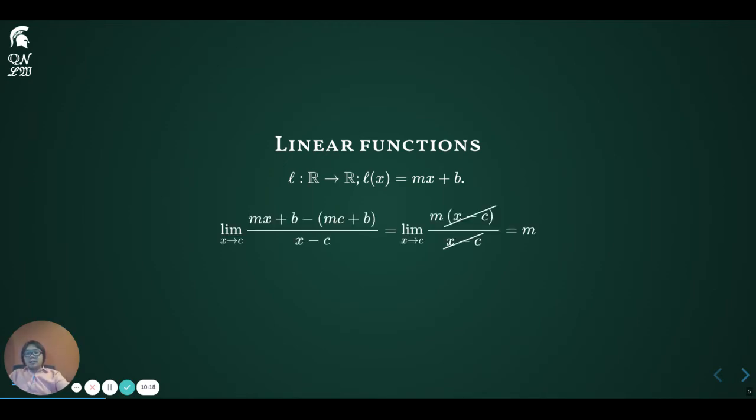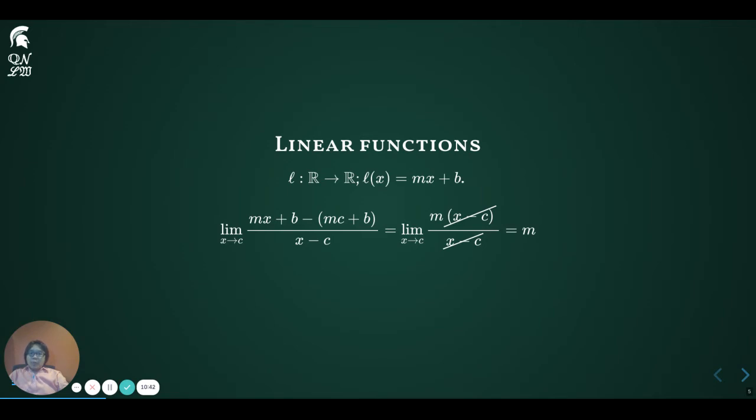We can check that this indeed is the case using the limit definition. We can take the limit as x approaches c of the difference between L of x and L of c, all divided by x minus c. After expanding the terms, we see that the constant term drops out, and the two first-order terms can be grouped together.